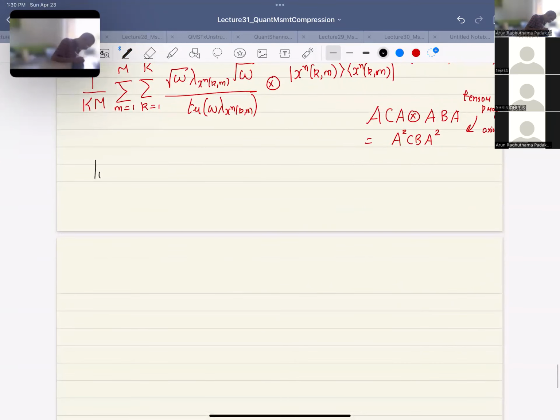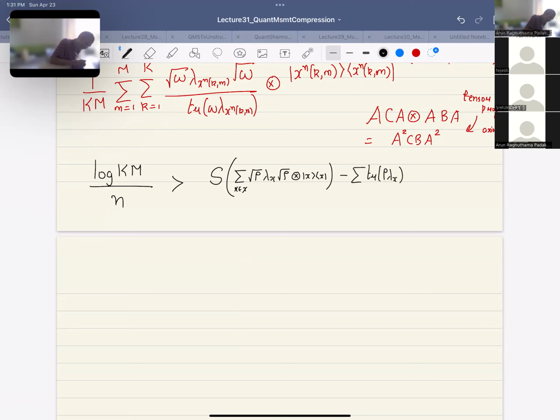If my log KM divided by n is greater than S of the summation of root rho lambda_x root rho tensor |x><x|, this is the ensemble average, I have averaged the ensemble, minus trace rho lambda_x, I'm writing it explicitly so that you know what's going on, S of root rho lambda_x root rho divided by trace rho lambda_x tensor |x><x|.